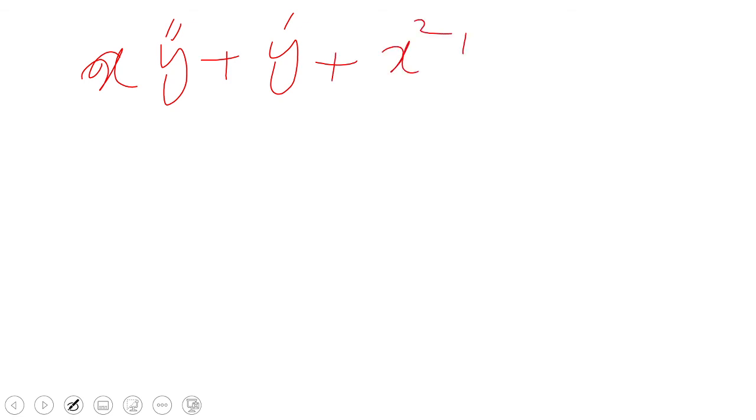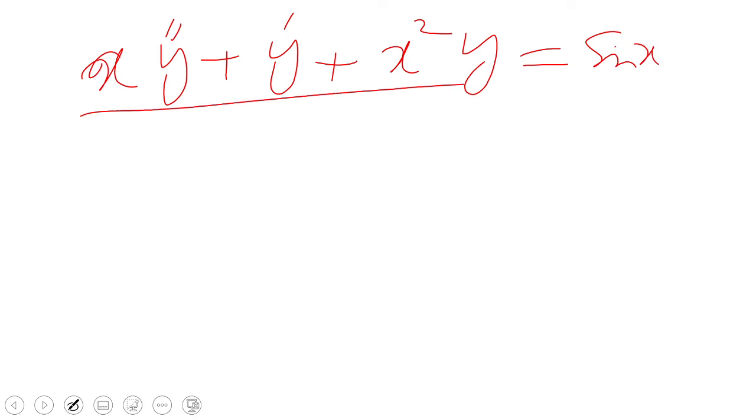For example, if we have a second order equation, let's say x y double dash plus some y dash plus some x squared y equal to, let's say, sin x. So this is second order.